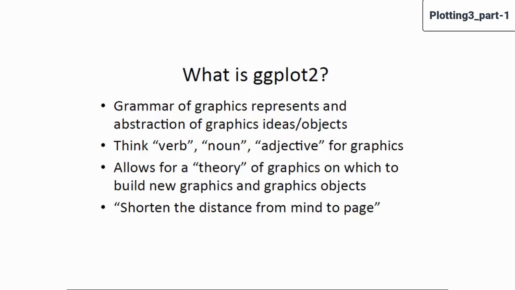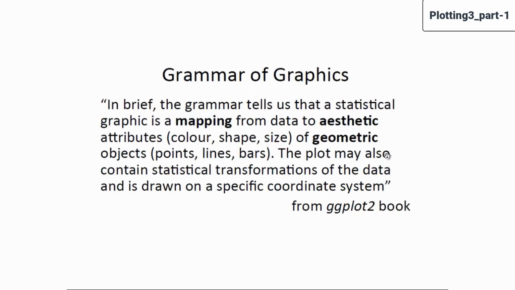Same as any language, the basic English language or any language, you get the verb, noun, adjective, which forms the building blocks of the entire language. The same way here, the grammar is defined for each and every plot that is going to be decided. So it will create structure for your plot. So it shortens the distance from mind to page.